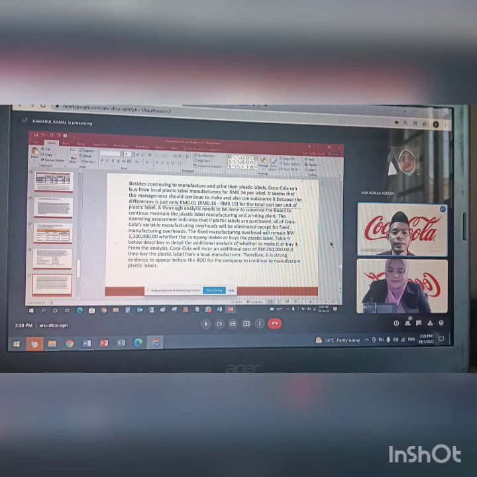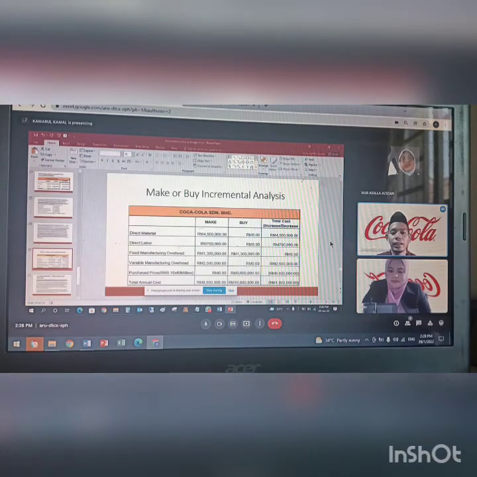So from the make or buy incremental analysis, we found that the total annual cost is 9 million. So if we buy, we will incur the fixed manufacturing overhead cost, which is RM1.3 million, plus the purchase price, which is 16 cents times 60 million per annum.